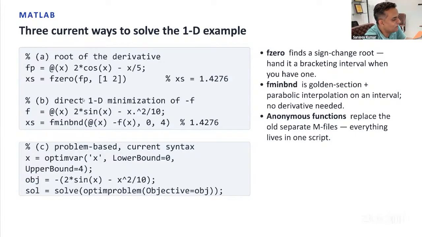Or you can use the direct 1D minimization of minus f. For that, I have this command in the modern optimization toolbox. You define your function f, so at the rate x, again the same. This is the definition of the function, because my function is 2 sin x minus x square by 10.